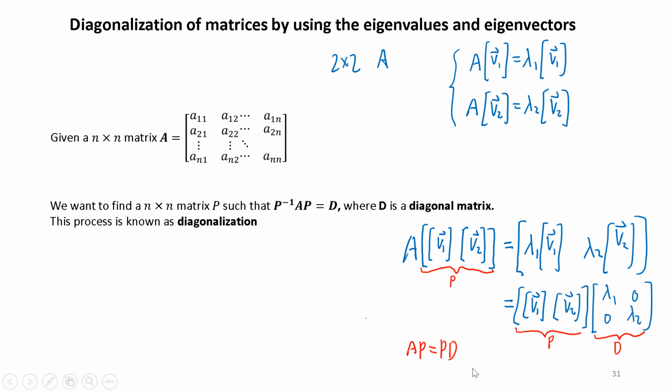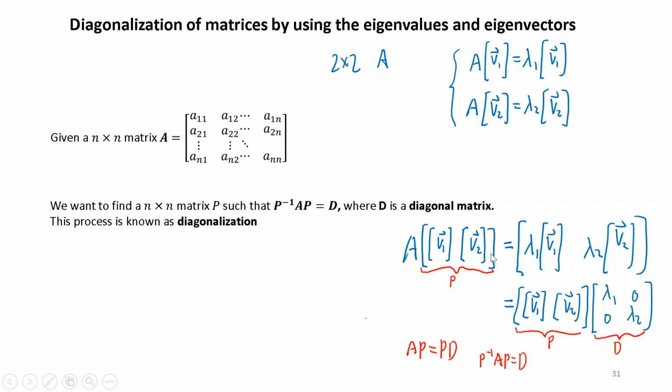And that means P inverse AP equals D. So then we're done. We succeed in doing this diagonalization.